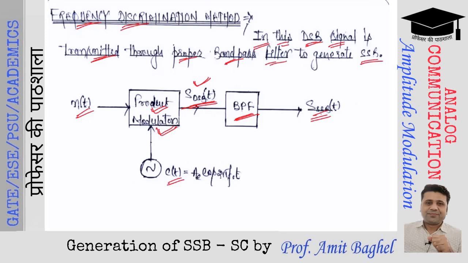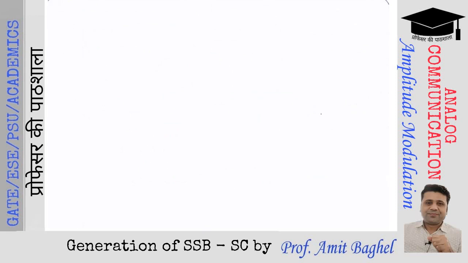So let us analyze the frequency domain spectrum of this frequency discrimination method. Let's say we have a message signal m(t) in time domain, and with the help of Fourier transform, we can analyze its frequency spectrum. We can transform the message signal m(t) from time domain to frequency domain with the help of Fourier transform.